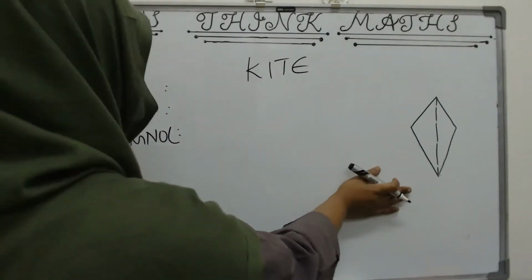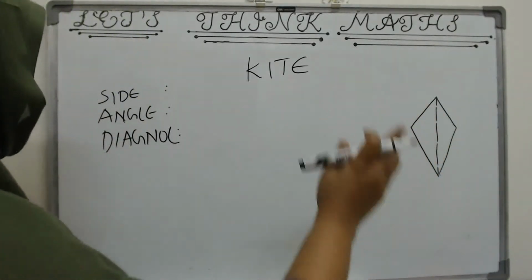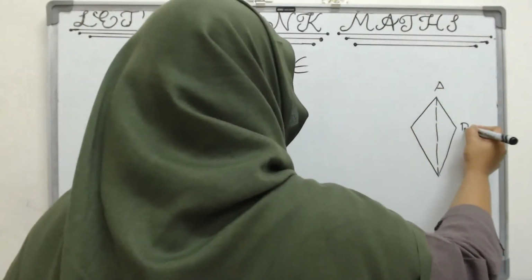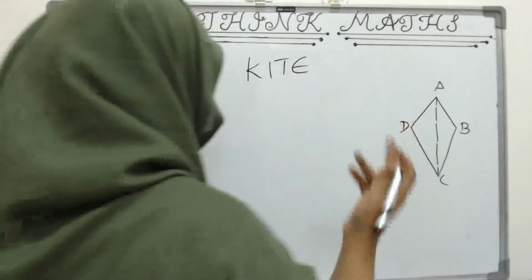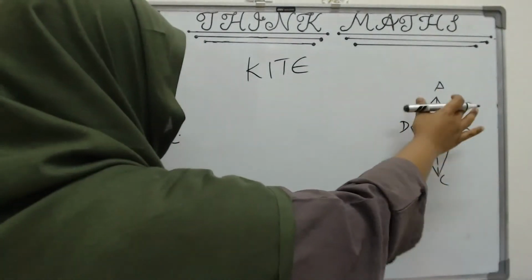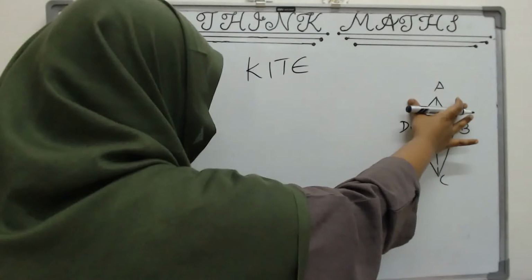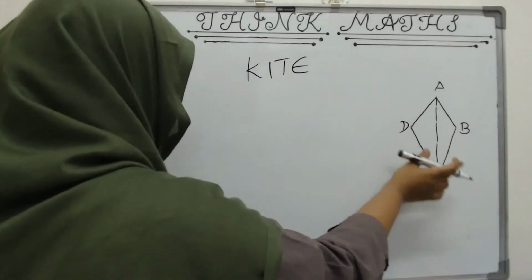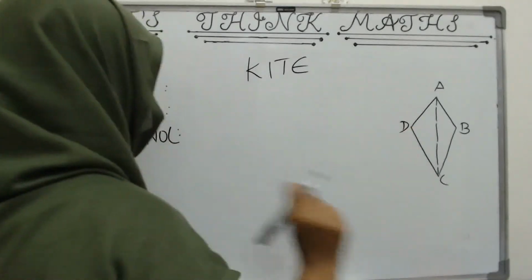This is a mathematical kite, which is a wonderful figure. Just look at it, you will know what I mean. This is a kite. In a kite, two adjacent sides are equal. So these two sides are equal and these two sides are equal, but these two are not equal.